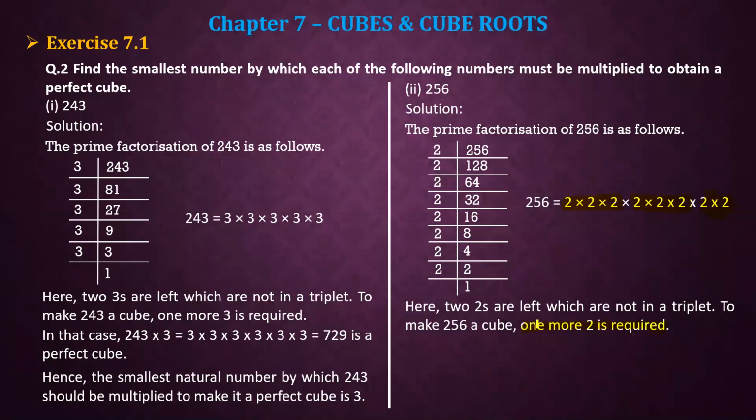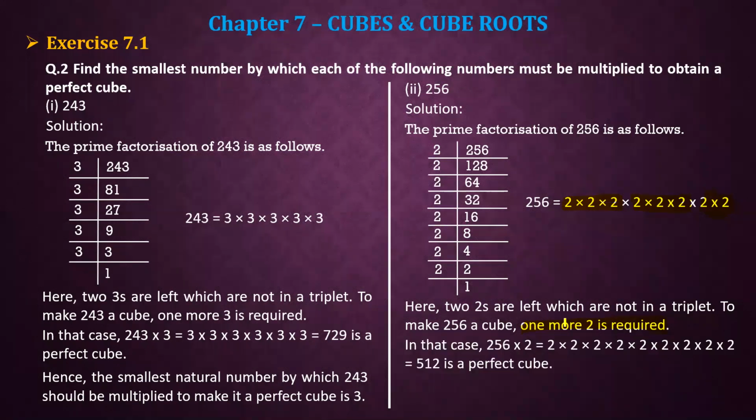How many 2s are required? Another 1 2 is required. Now in the case of the first example, only 1 3 was required. Here 1 2 is required. So multiplying on both sides, 256 into 2, which is 512, and the remaining factors will be as they are, with another 2 added.